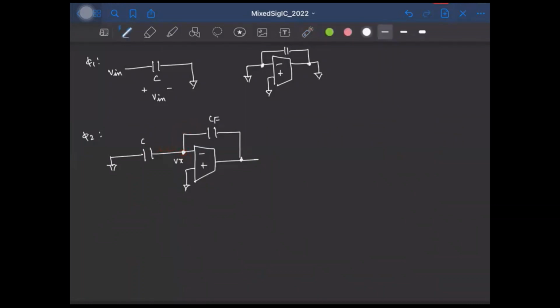But now we know that this Vx will not be 0 instantaneously. So which means the capacitor voltage also cannot change instantaneously. So what will happen? Earlier, the capacitor had a voltage Vn charged in this direction. So just after phi2, the voltage across the capacitor will still be same, right? And since the left plate is 0, Vx will jump to minus Vn, okay? So that the capacitor voltage remains same. And this is just at the beginning of phi2.